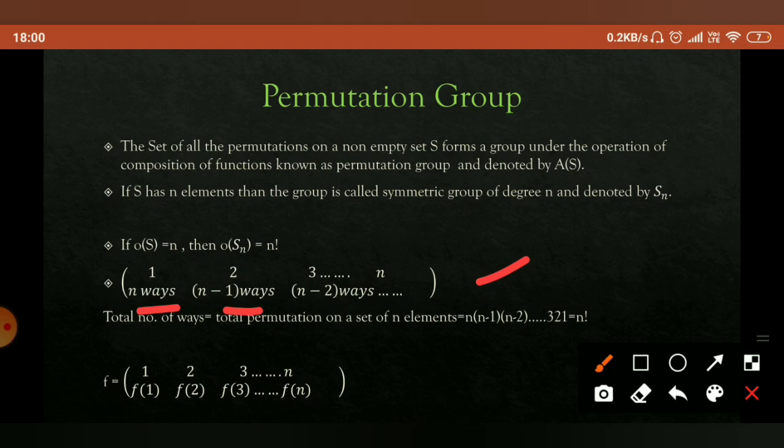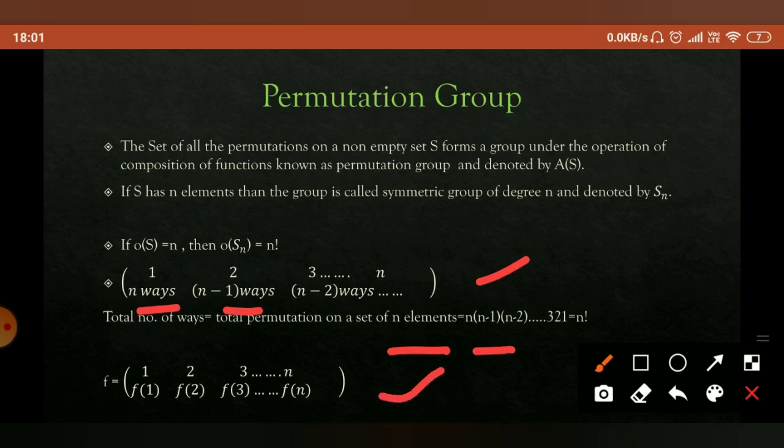So the total number of ways, that is the total permutations on a set of n elements, is n into n minus 1 into n minus 2 and so on, 3, 2, 1, that is n factorial. So there are n factorial ways of writing the 1-1 onto mapping from a set to itself. Therefore the order of Sn is n factorial, and the degree of Sn is n, right?